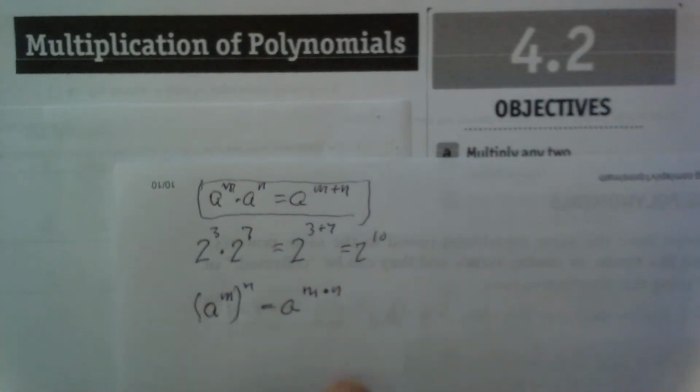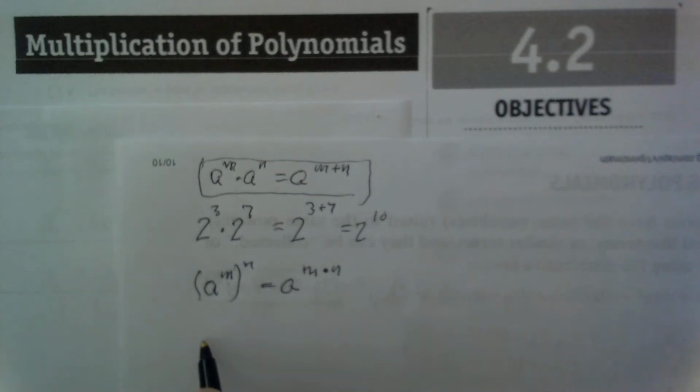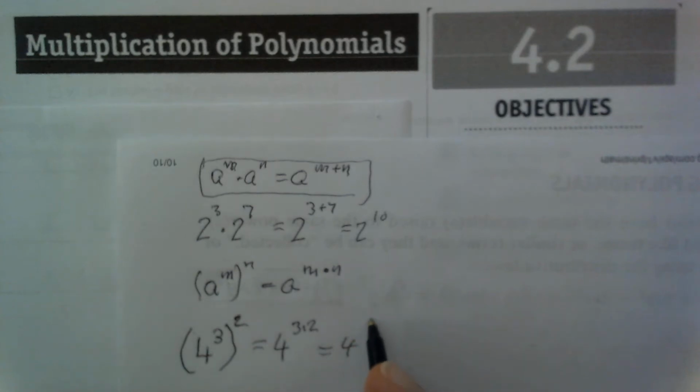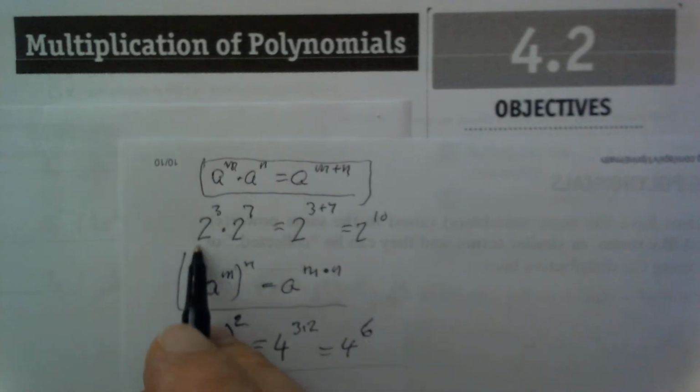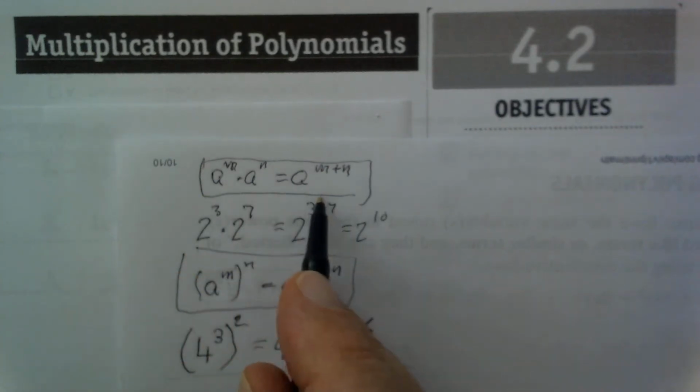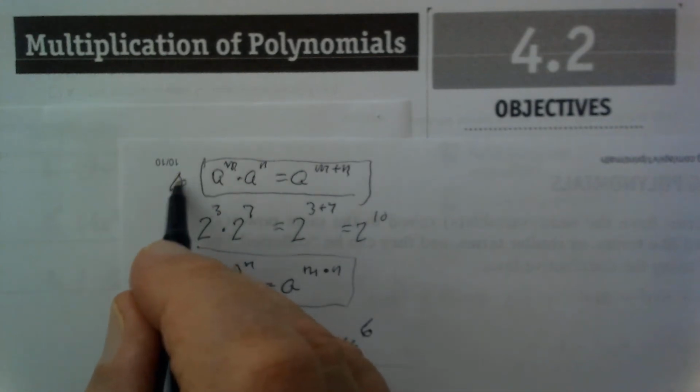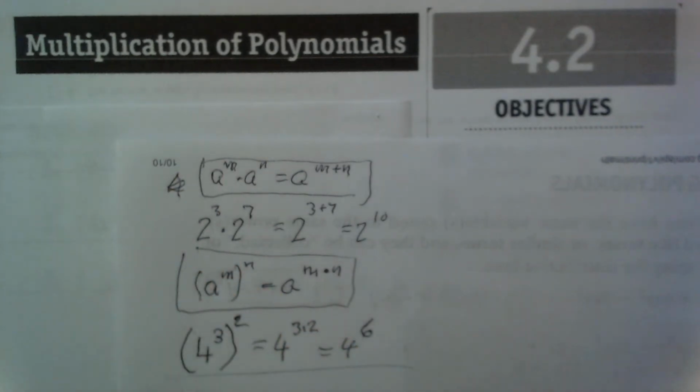So if we replaced a with a number, let's say 4 to the third power raised to the second power, that means 4 to the 3 times 2, or 4 to the 6th power, whatever that number is. I just want you to understand how this power to a power rule works. This will be used later on, but the product rule will be used right away.